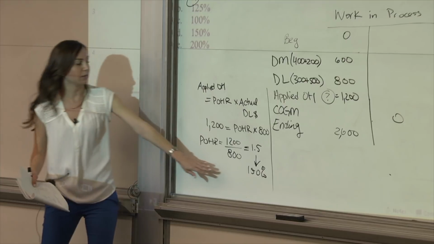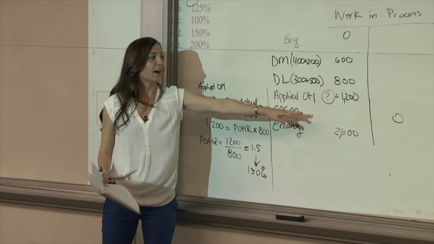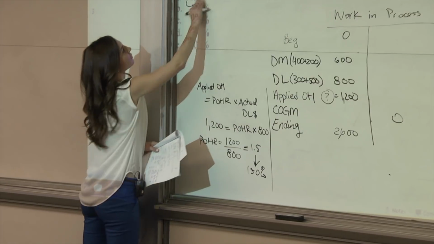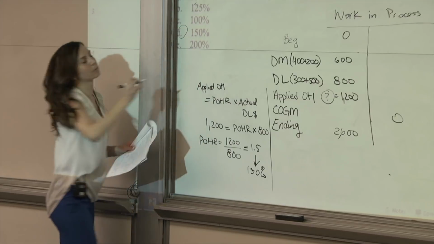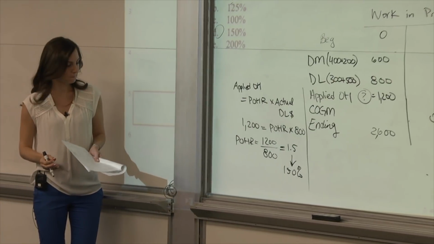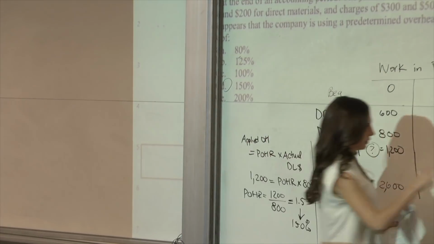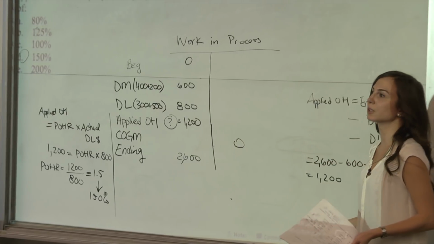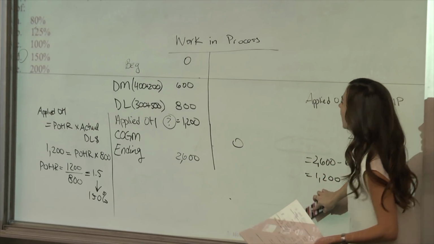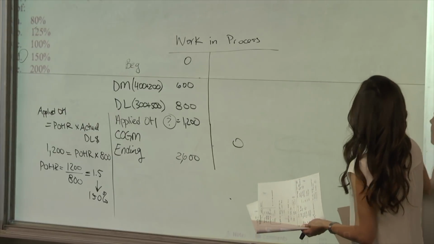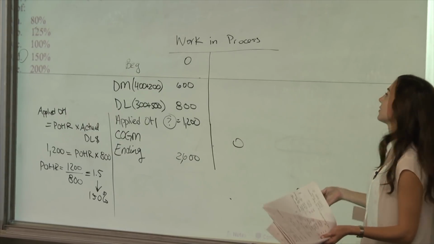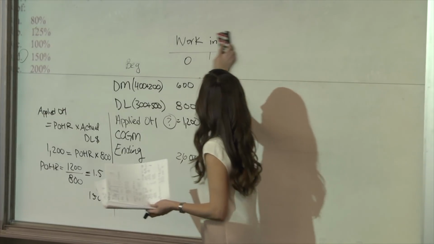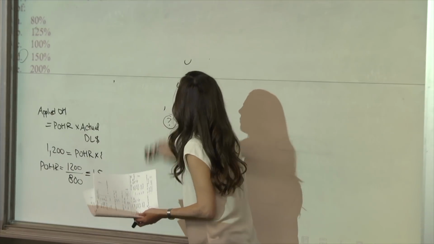So now we understand how applied overhead was calculated. So we get choice D. So in this problem, it's very important to know how this work in process account works. And yeah, I would recommend just knowing like the back of your hand how raw materials, work in process, and finished goods work. If you know what goes into those, you can back into a lot of information.